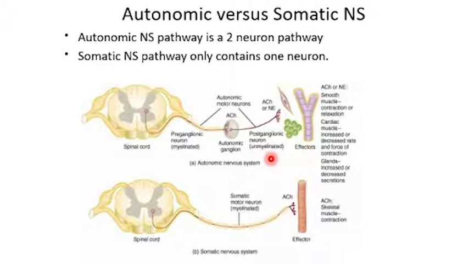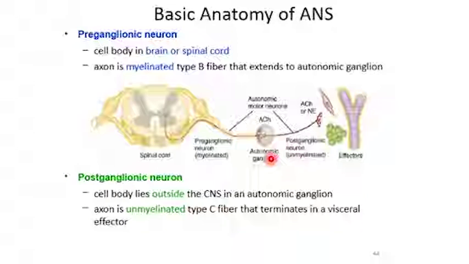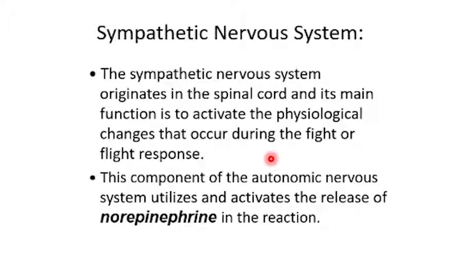The effect will either cause release of acetylcholine or norepinephrine. The preganglionic neuron has its cell body in the brain or spinal cord, and it's a myelinated B fiber. The postganglionic neuron lies outside the CNS in an autonomic ganglion, an unmyelinated C fiber.